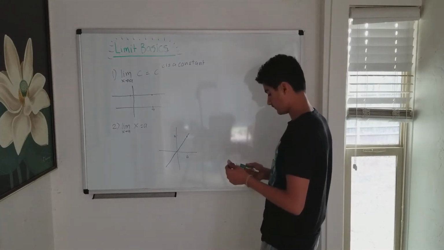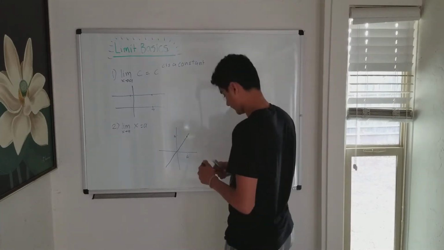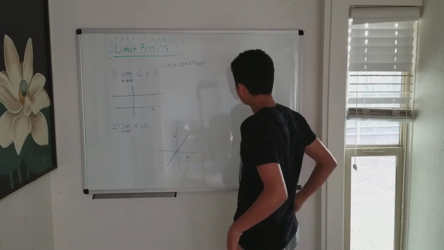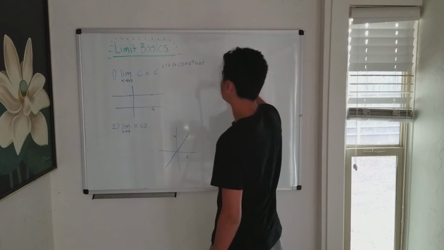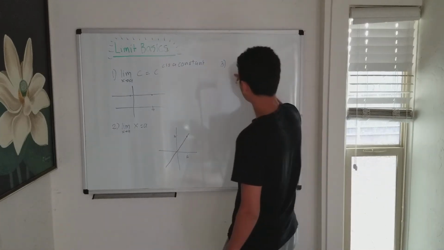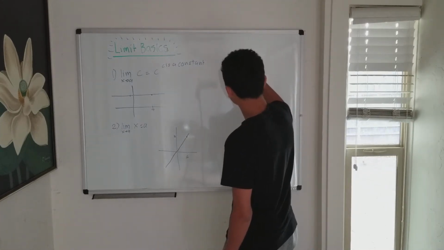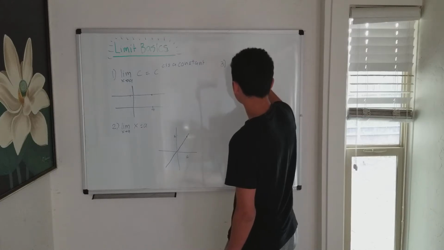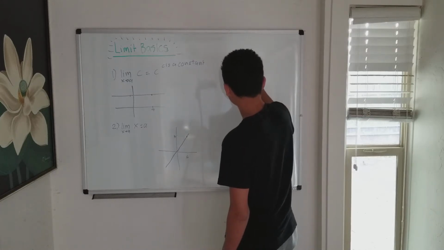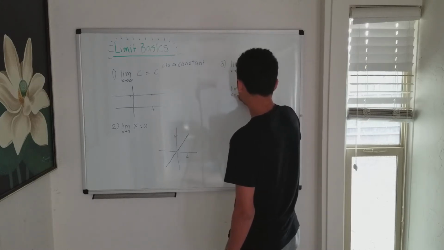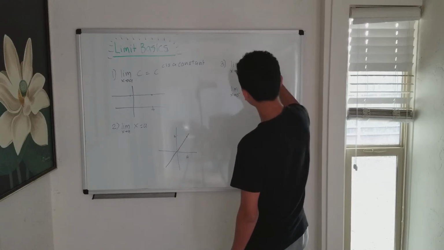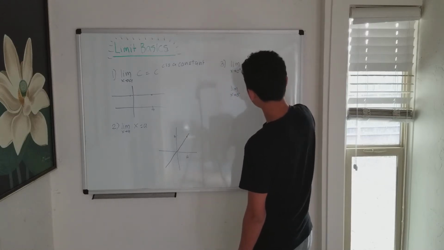Now the last one. There are 2 basic things in this last one, but they're headed towards the same idea. The first one: the limit as x approaches 0 from the right side of 1 by x.